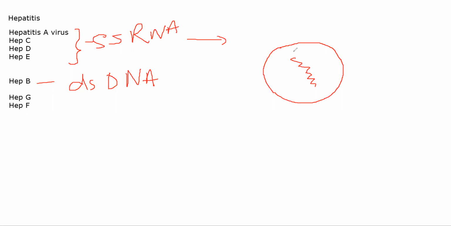In some of them, except A and E, that is C, D, and B, they will have something called core proteins inside them, another layer called core proteins. They already have a capsule. Capsule will be present in all the 5 of them, but core protein will be present only in C, D, and B.